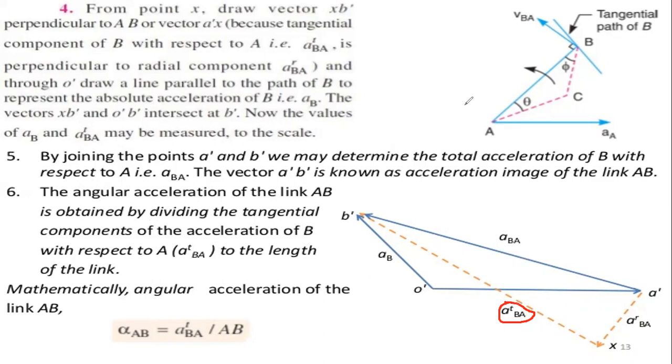Length of the link means AB. So AB is the length of the link to be taken.